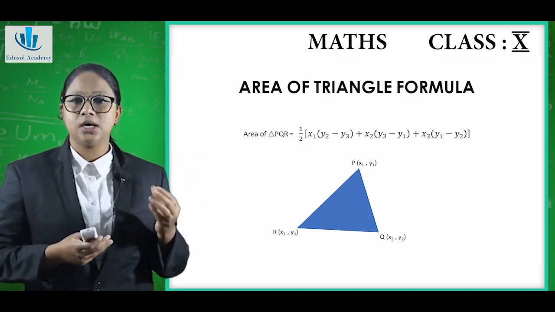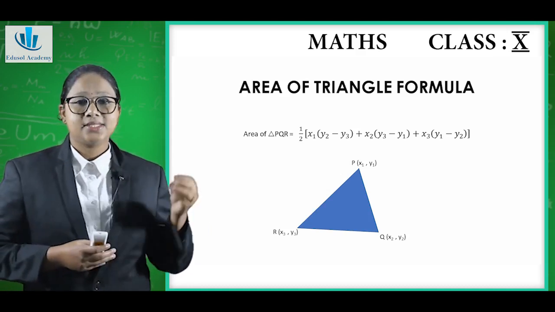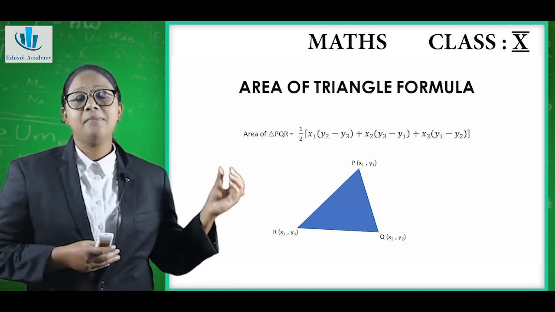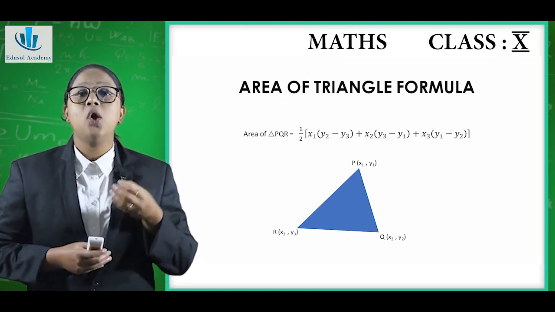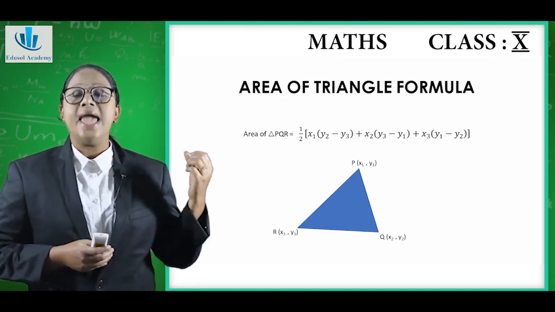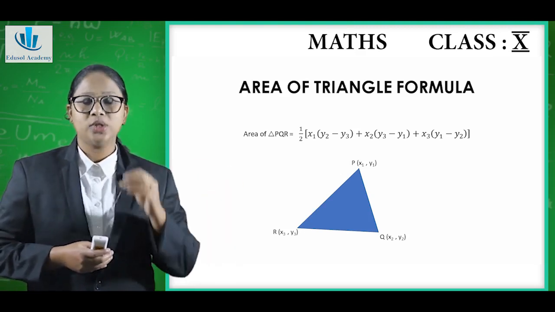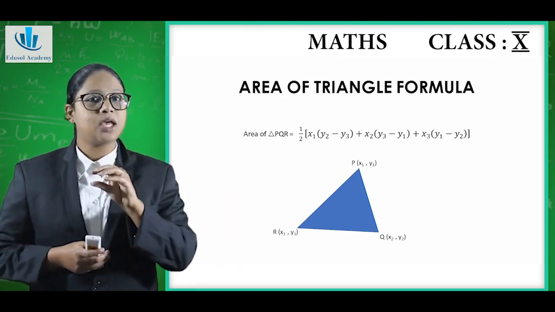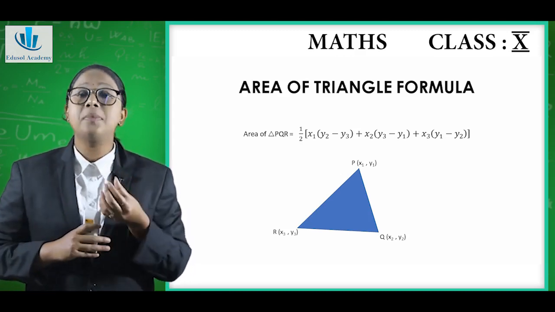The next term is 2, 3, 1, as in x2 into y3 minus y1. Now for the third, it's 3, 1, 2. That is x3 into y1 minus y2. So all you have to remember is x outside multiply to y minus y. Then remember these numbers.